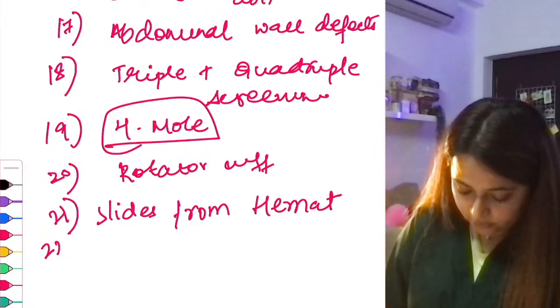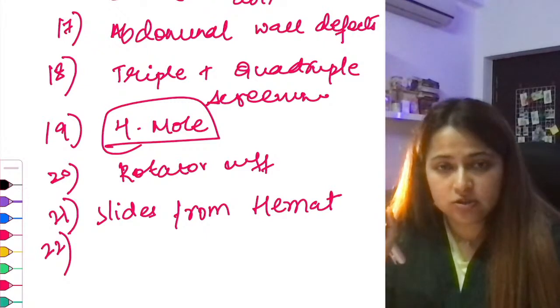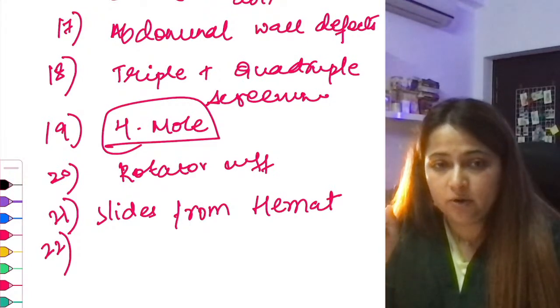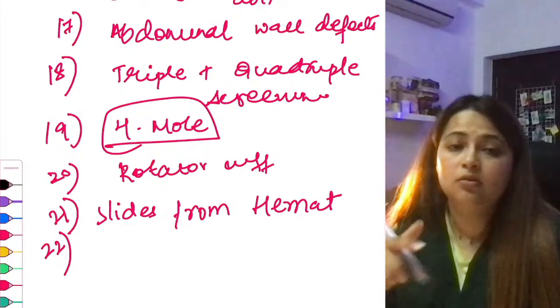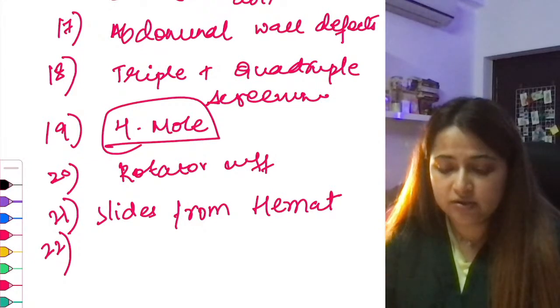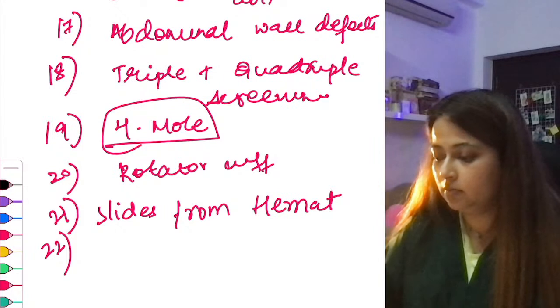You should be able to know about the abnormalities in the slides of hematology. Know what bite cells are, the target sign, and Heinz bodies. You should be able to appreciate all these from the slides. You can just look at those pictures on Google Images. These slides should be very clear to you.